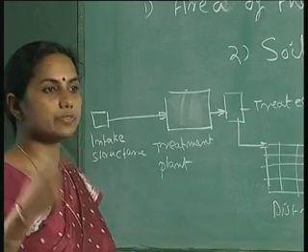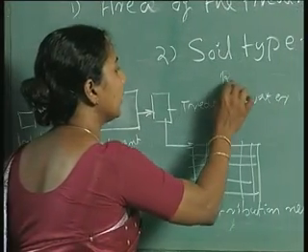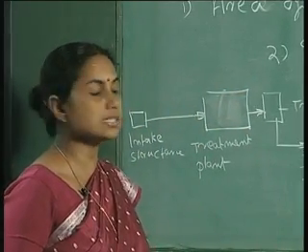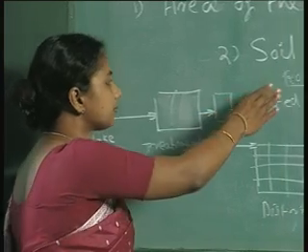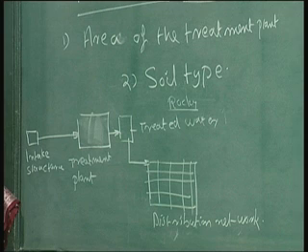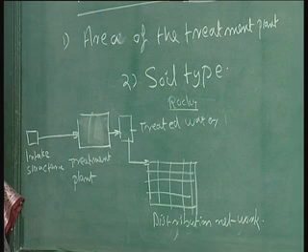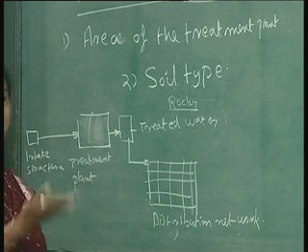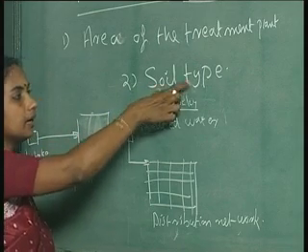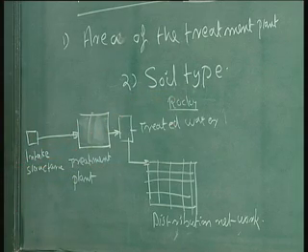If the soil is very hard or if it is rocky, then the construction or the excavation will be very difficult. But if it is very soft soil or the bearing capacity of the soil is very less, then it may not be able to support the structure. Then you have to go for other structural design or other structures to support the water treatment system. So the soil type is very important, and you have to consider other activities also.